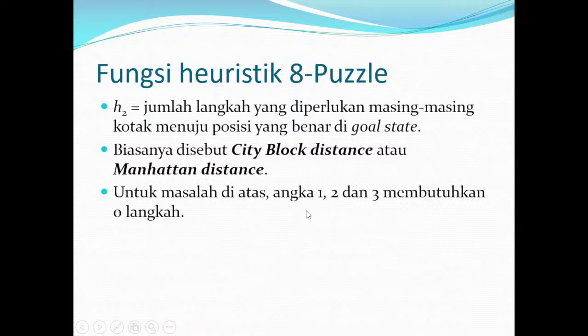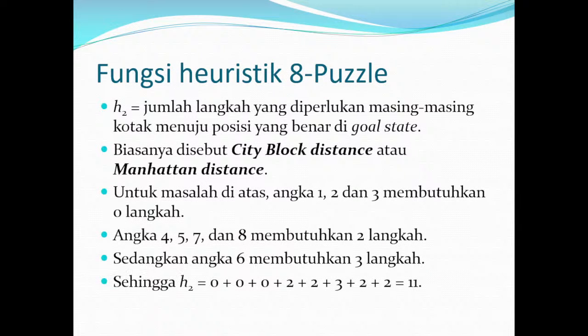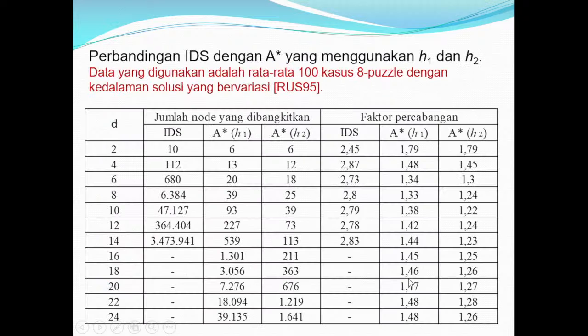Meanwhile, the second one is close to the original, which is, for example, 12. I'm not quite sure whether it's 12 or 11, but let's say it's 12. So our difference between the heuristic and the actual solution is around one, only one step of difference. Since we don't have a lot of difference in the second heuristic, we can say that the second heuristic is better compared to the first heuristic.